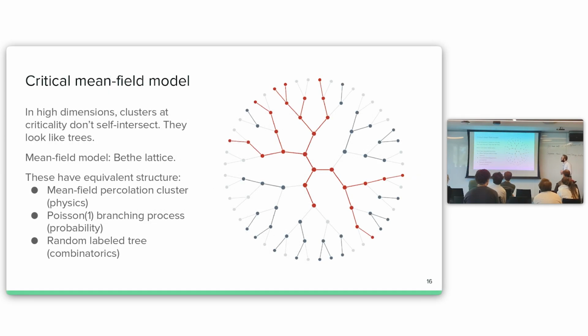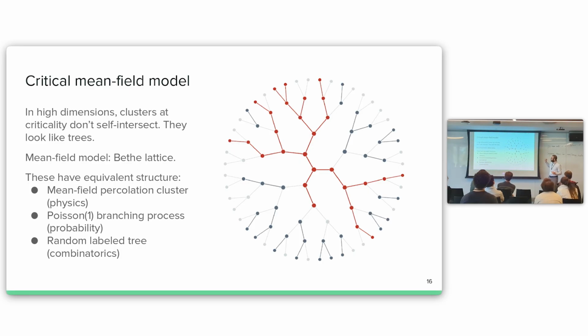And so in fact, because we're in high dimensions, we can use the mean field approach to analyze the structure of these clusters. Mean field, the word comes up a lot, and here it just means there are some interactions that we can neglect, and that simplifies the problem. In percolation, that means the clusters don't self-intersect, so there are no cycles, and they look like trees, and that's how we can analyze them.